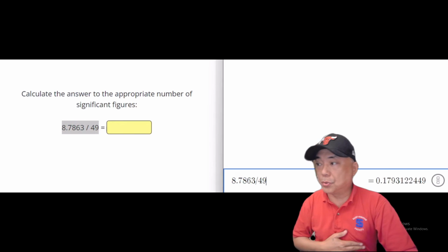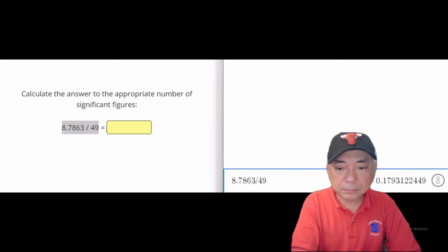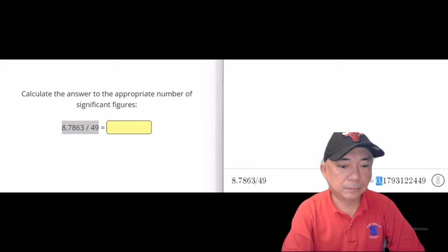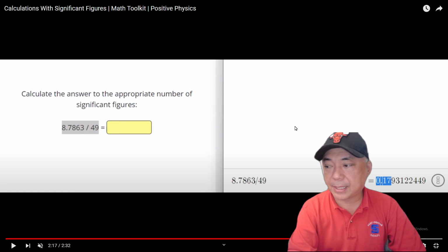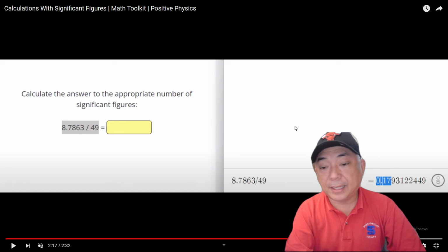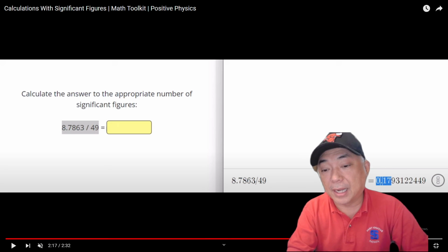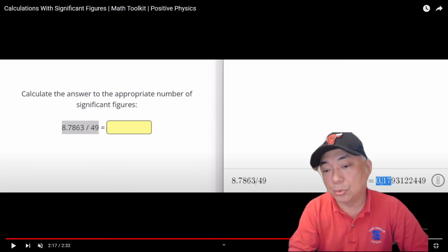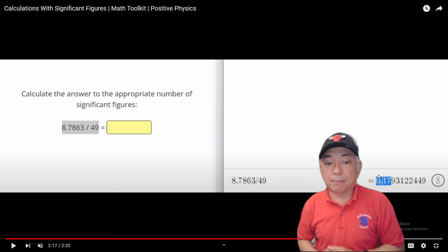Okay. Let's do a little bit of math on that one. The calculator says 8.7863 divided by 49 would give you 0.1793122249, and sometimes it's a repeating number.